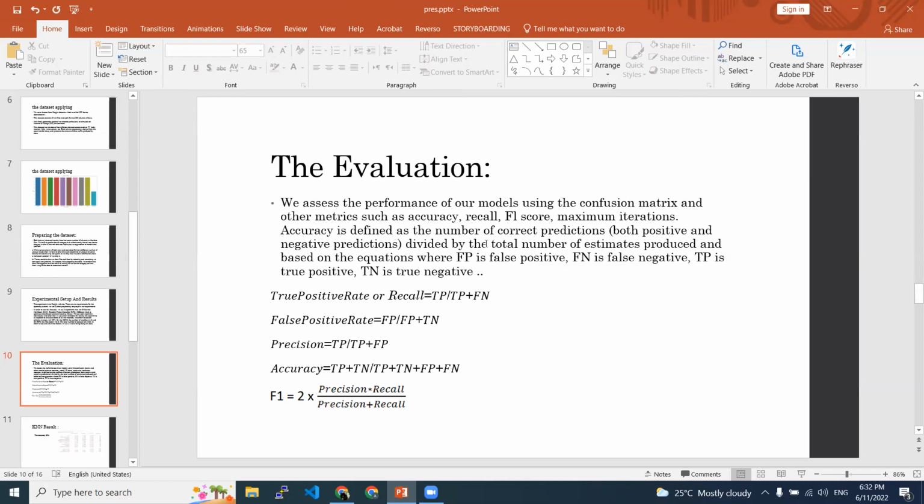Accuracy is defined as the number of correct predictions, both positive and negative, divided by the total number of the estimated predictions, based on the equation where FP is a false positive, FN false negative, TP is a true positive and TN is true negative, as shown in the equation.